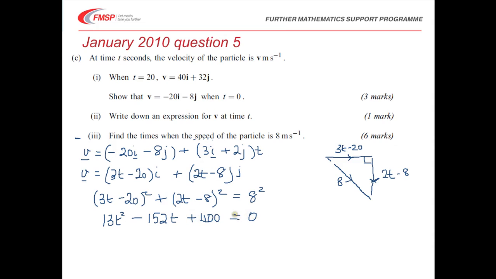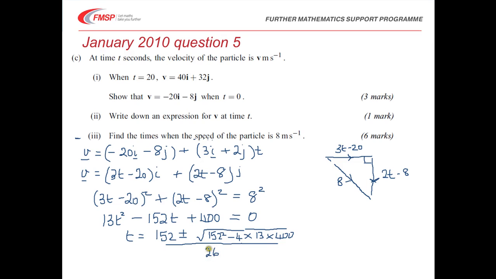Now, unfortunately, it doesn't factorize, and so we do have to use the quadratic formula. So doing that, we end up with t equals 152 plus or minus the square root of b squared, which would be 152 squared, minus 4 times 13 times 400, and that will all be over 2a, which is 2 times 13, which is 26.